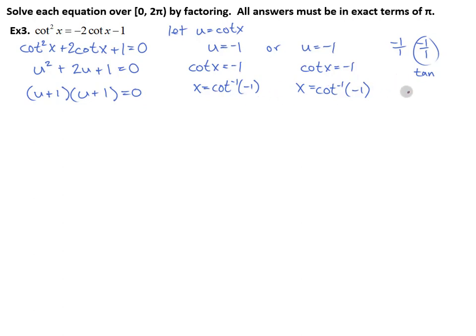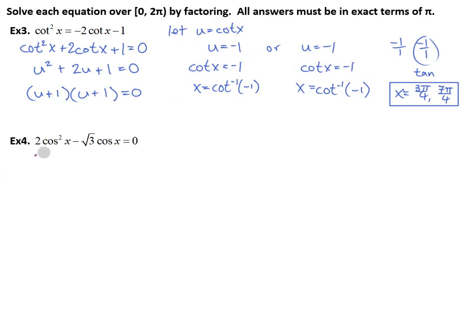So those two angle measurements are 3 pi-fourths for quadrant 2 and 7 pi-fourths in quadrant 4. Those are the only two places where tangent and cotangent are -1. Those are exactly reciprocals of one another. So again, we're relying on some unit circle knowledge to help us at the end here.